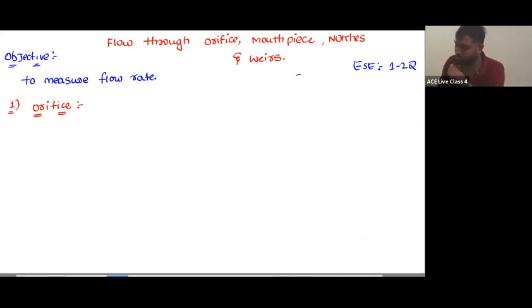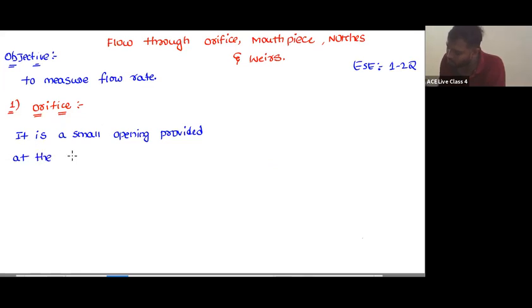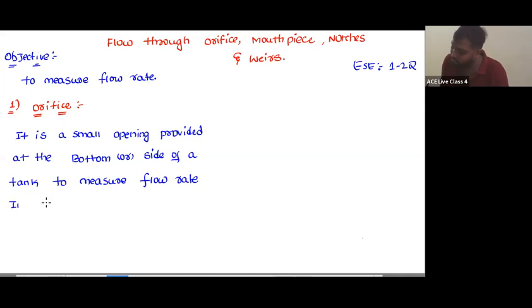So first of all, what is the definition of the orifice? The definition of the orifice is, it is a small opening provided at the bottom or side of a tank to measure flow rate in the tank.